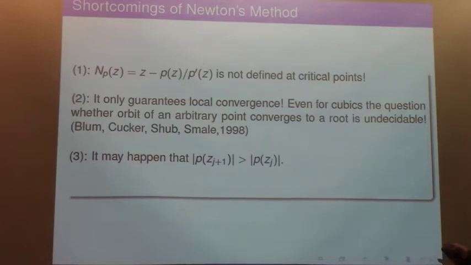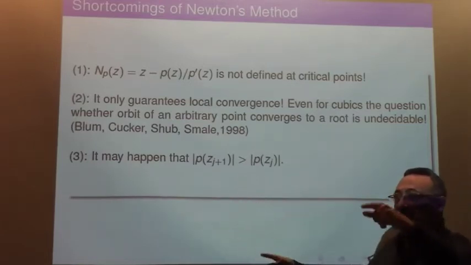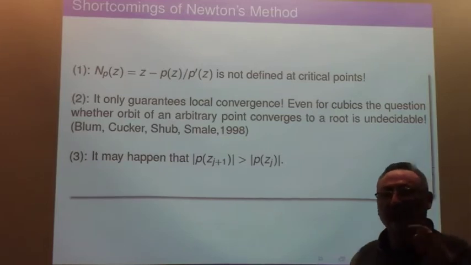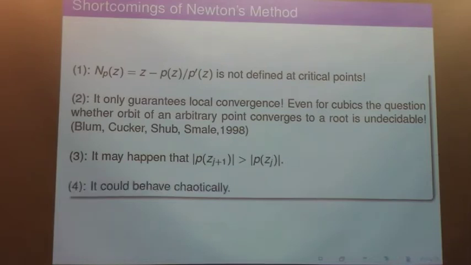And it may perform poorly, in the sense that the modulus of the polynomial at the next iterate could be larger than at the current one. So these are pathologies. It could behave chaotically.